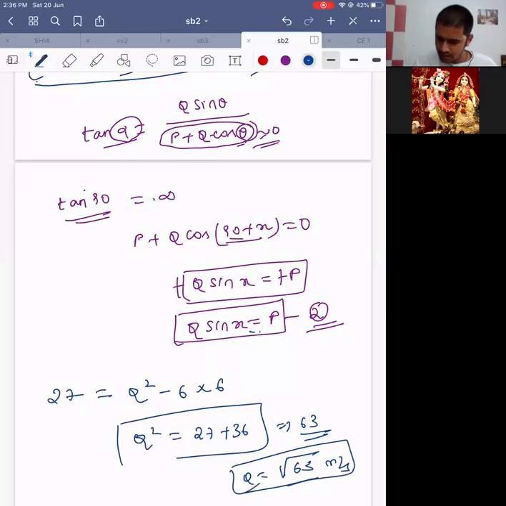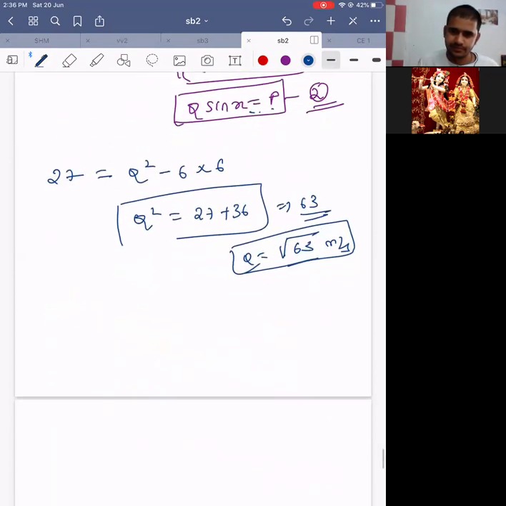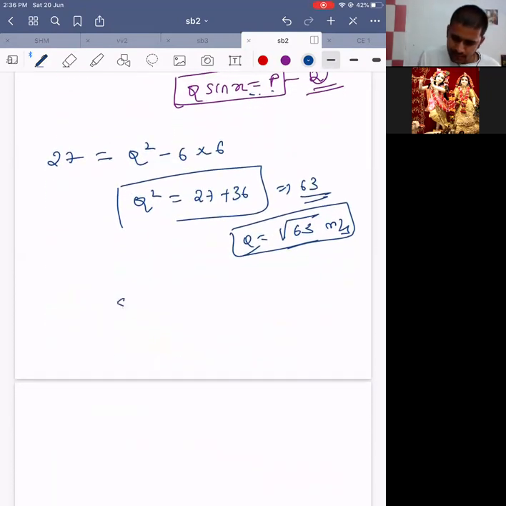From here, even if you want, you can get the value of sin x also. Sin x is equal to p upon q. P is 6 and q is square root of 63 and x is sine inverse of 6 upon root 63.